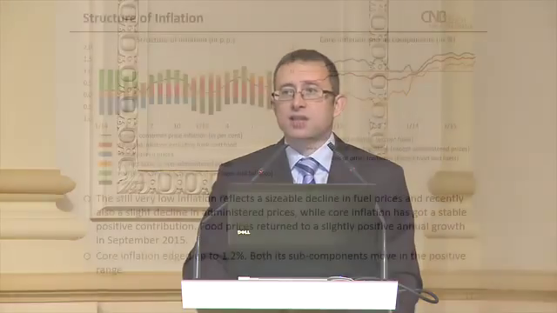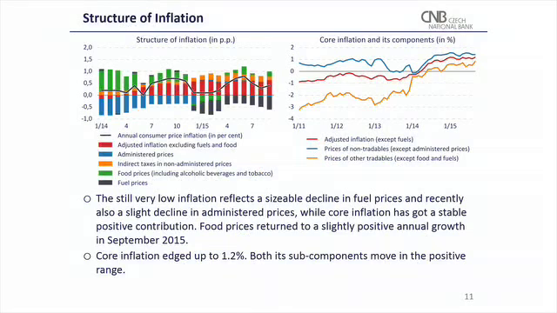Looking at the current structure of inflation, the picture is quite similar to what we discussed last time in August. So the main downside effect comes from fuel prices, which even deepened further during the last quarter.